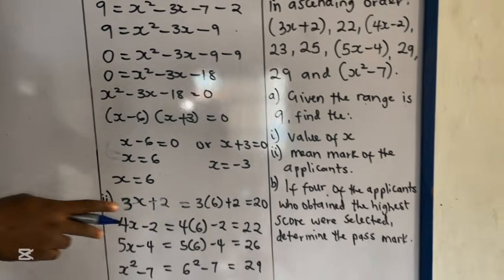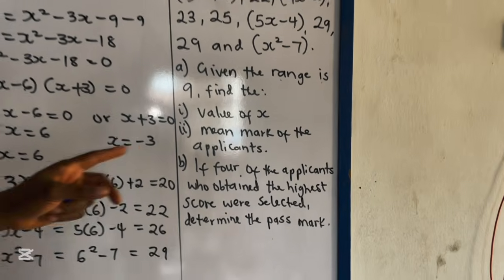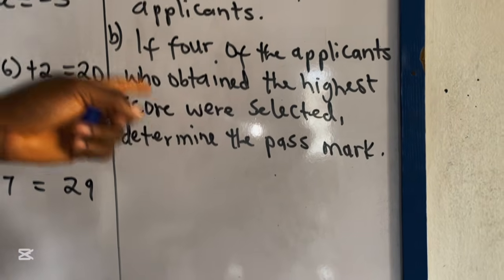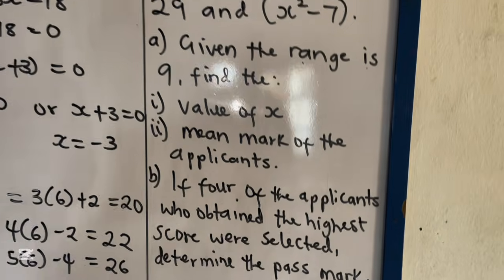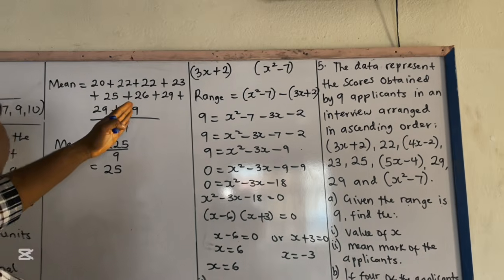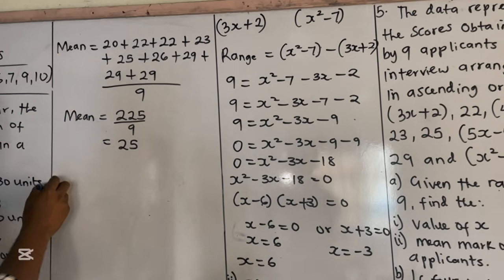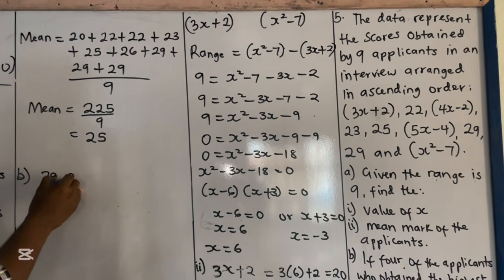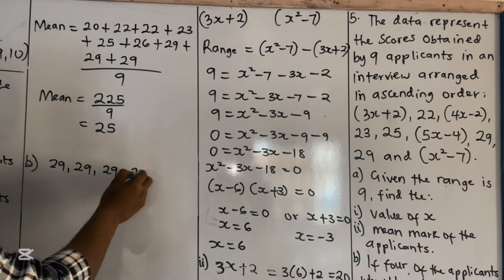Finally, the last one says if 4 of the applicants who obtained the highest score were selected, determine the pass mark. So now we have the 4 highest scores: 29, 29, 29 and 26.